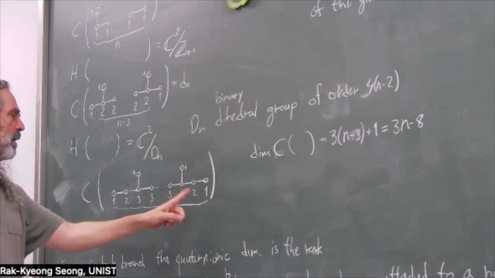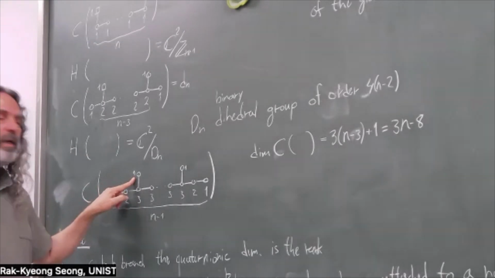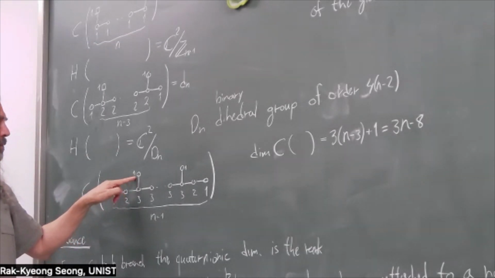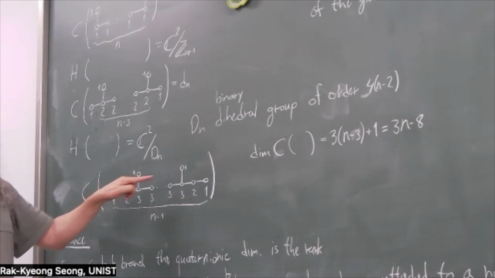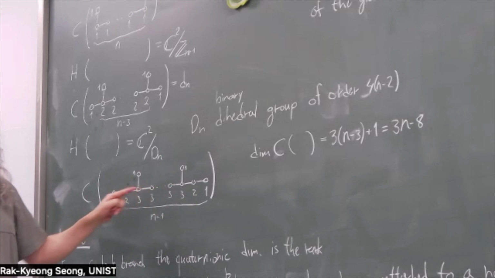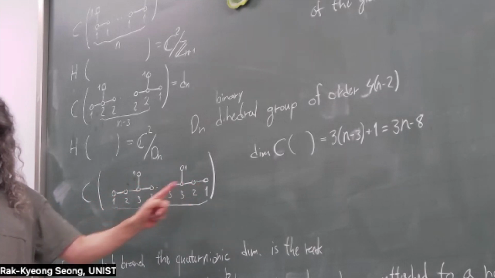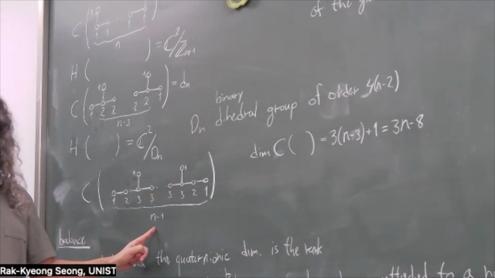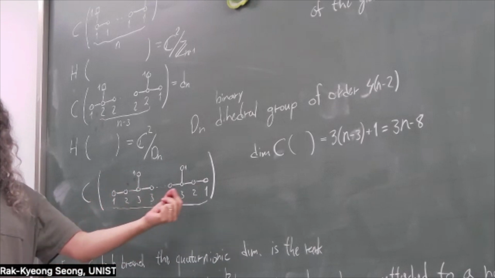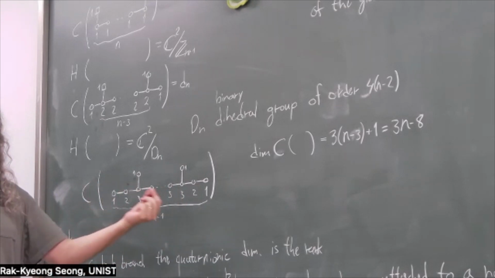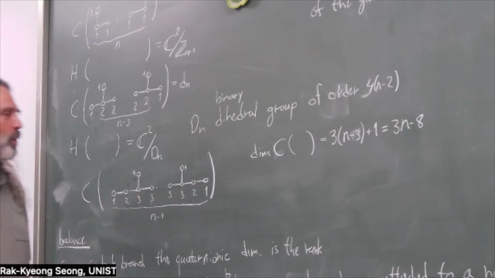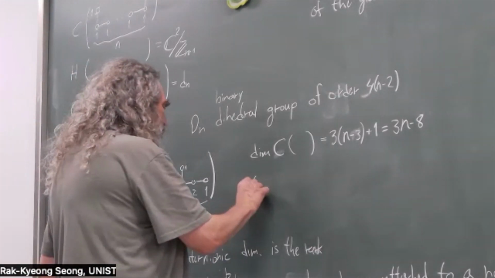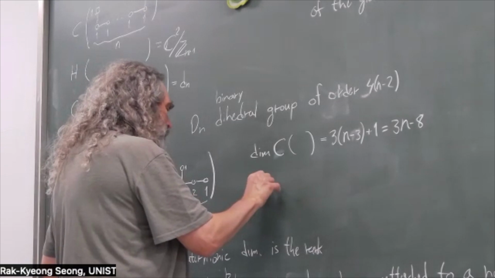I have this node, which is not balanced. It has a positive imbalance. This has a positive imbalance. All other nodes are balanced. And how many nodes are there? N minus 1. Which Dynkin diagram do they form? A type. So the Dynkin diagram is of type A, N minus 1.